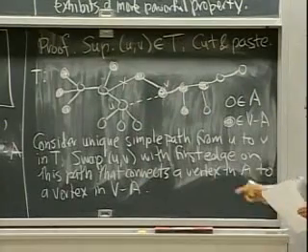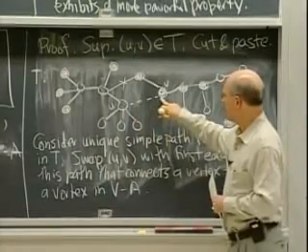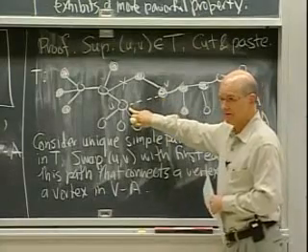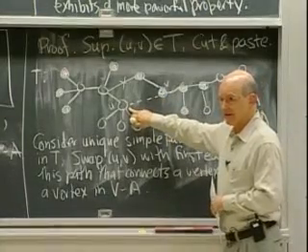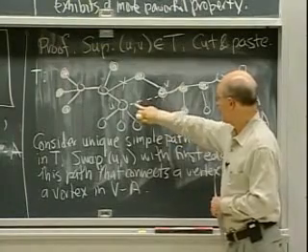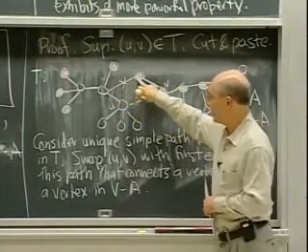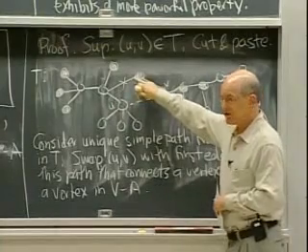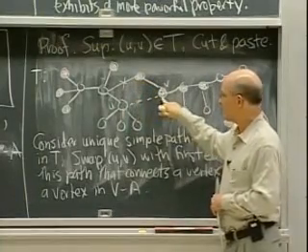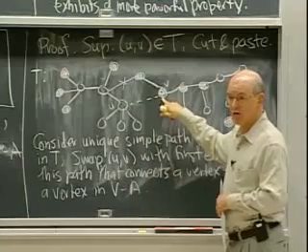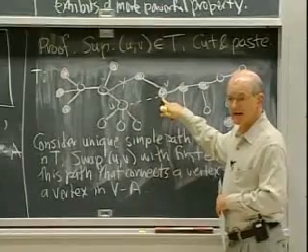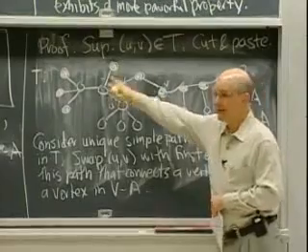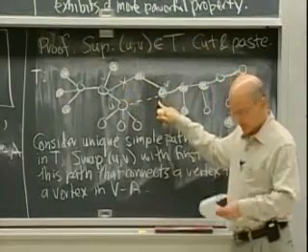So then what happens? Well, the edge UV is the lightest thing connecting something in A to something in V minus A. So that means in particular it's lighter than this edge. It has lower weight. So by swapping this, I've created a tree with lower overall weight, contradicting the assumption that this other thing was a minimum spanning tree.